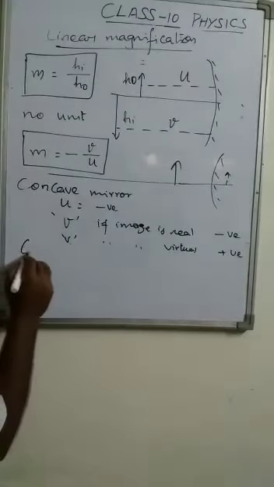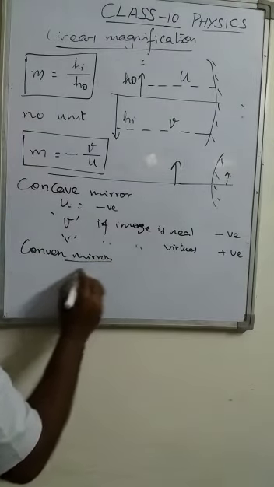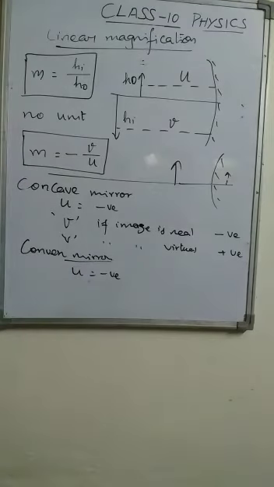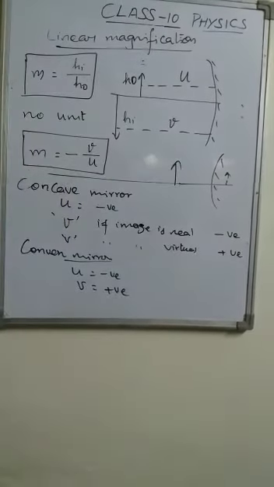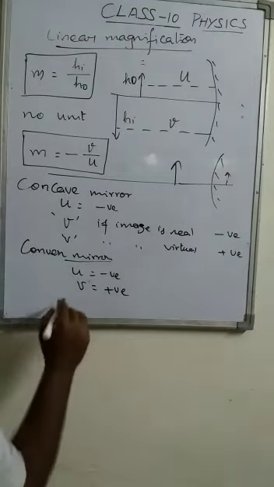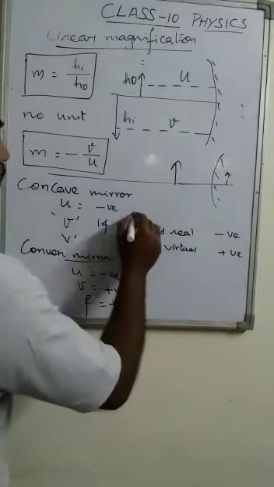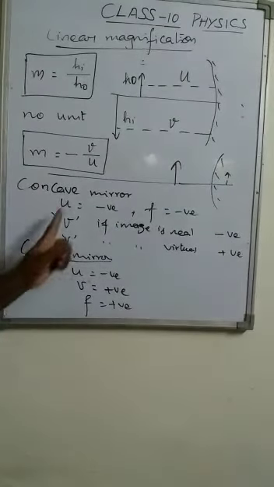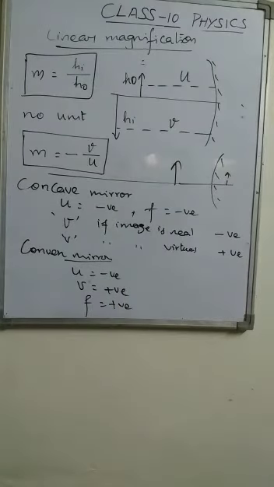So for a convex mirror, u is always negative for real objects. v is always positive for the convex mirror because it always forms the image at the back side. Its focal length is positive. For a concave mirror, the focal length is negative. So these sign conventions must be used.